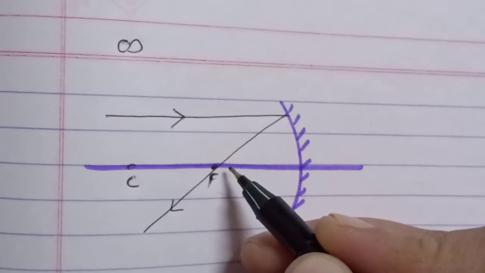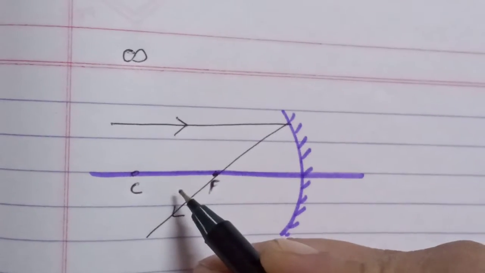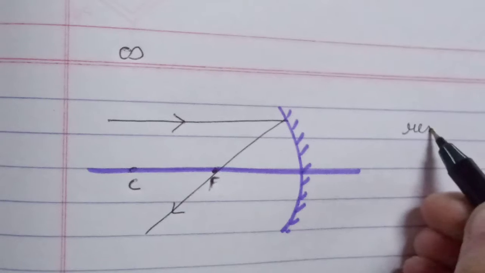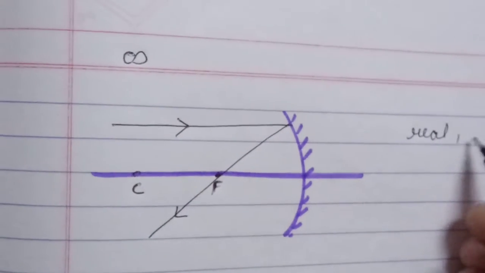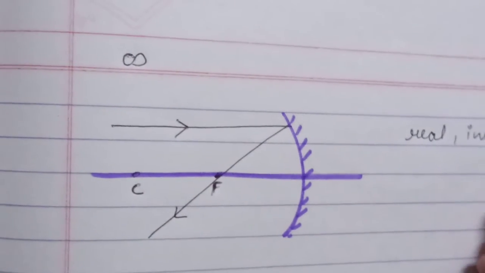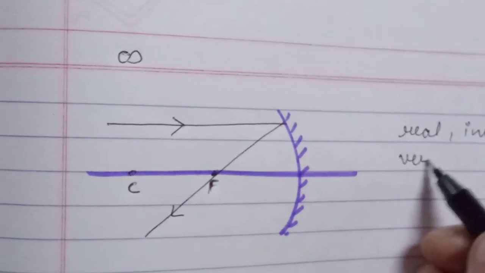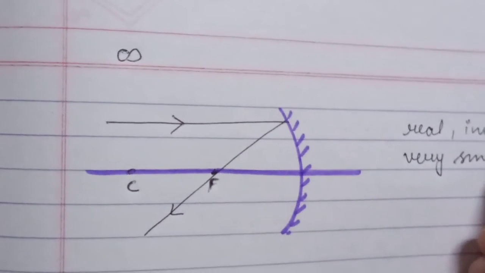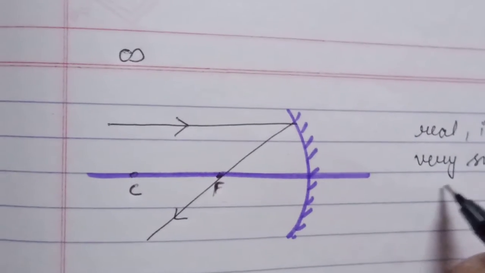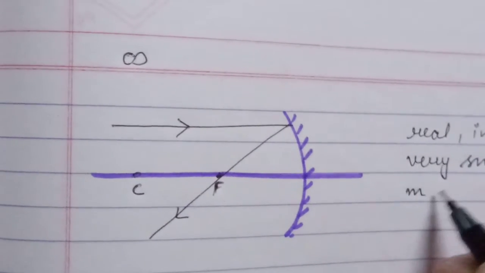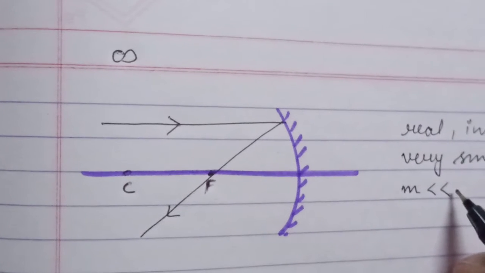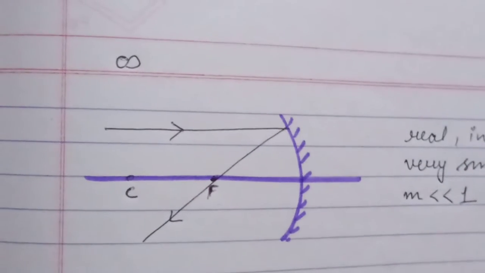Okay, the image is real, inverted, very small, and the magnification is very much less than 1.